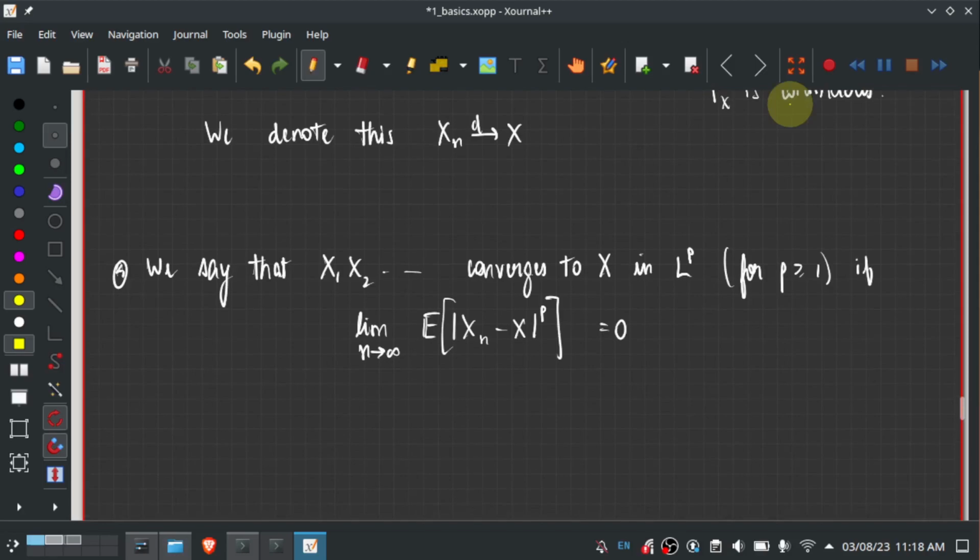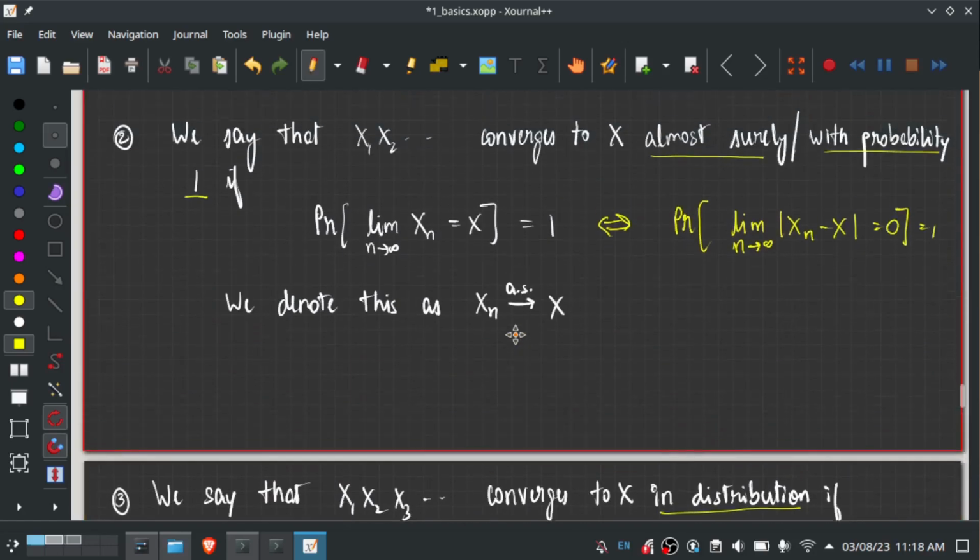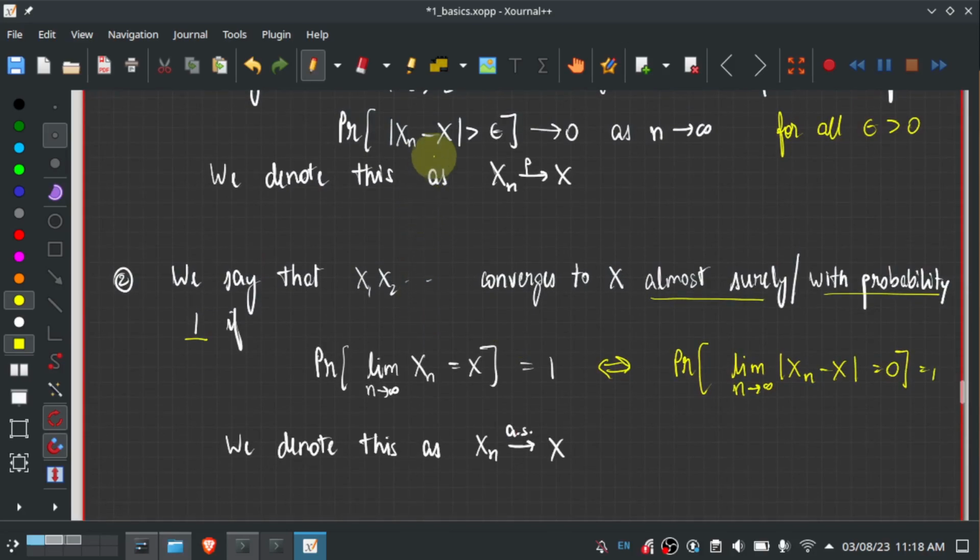And again, there are various different ways of measuring closeness. One way is you take the error between xn and x. So in all of these, you are measuring how far xn is from x. These are random variables.